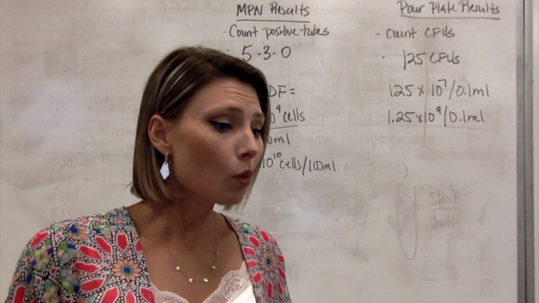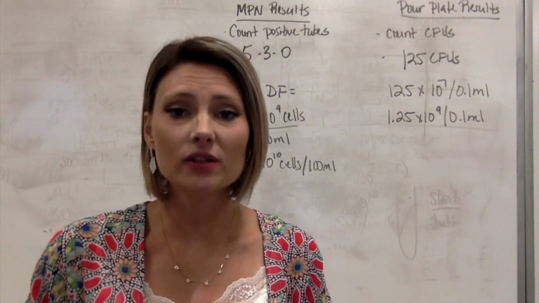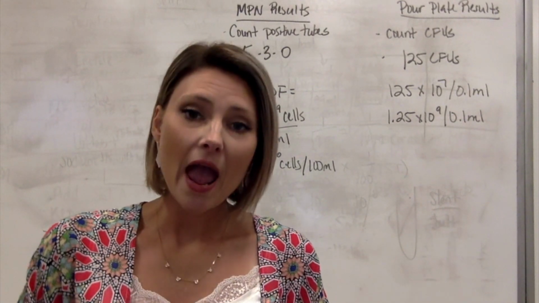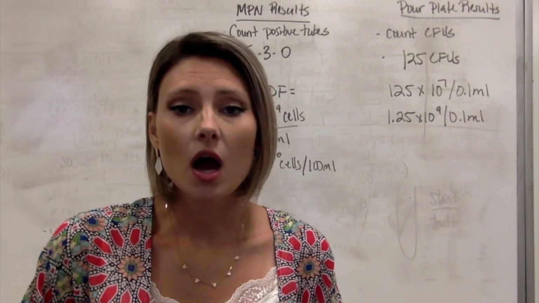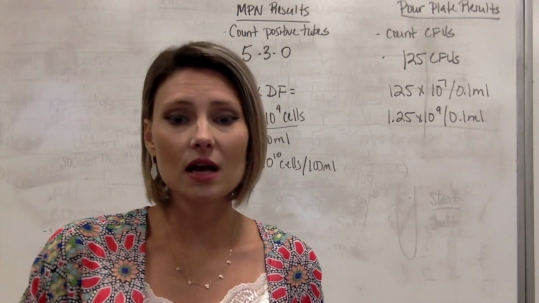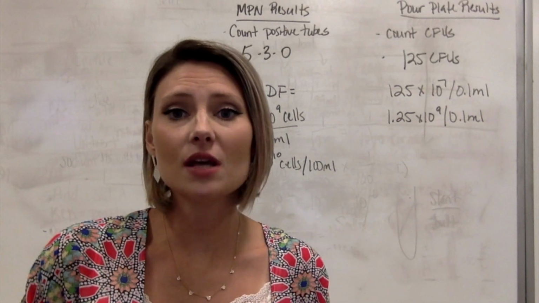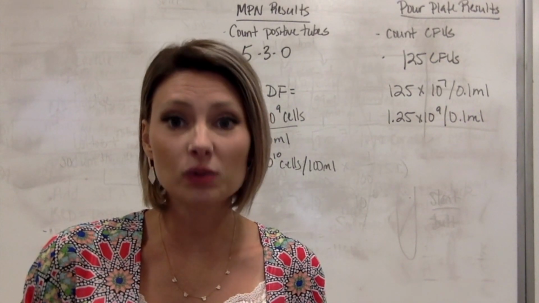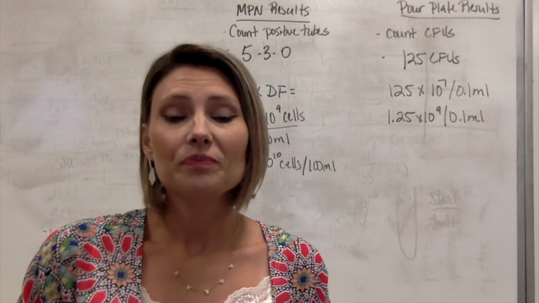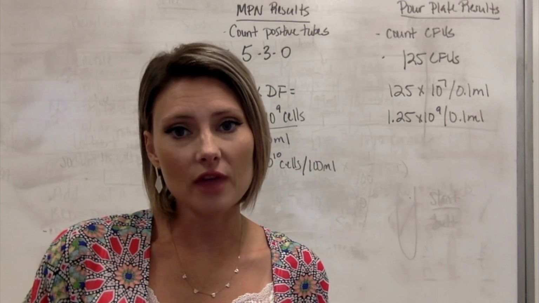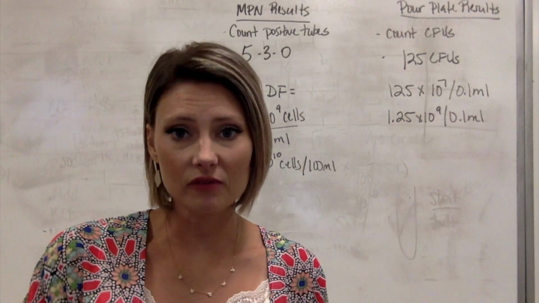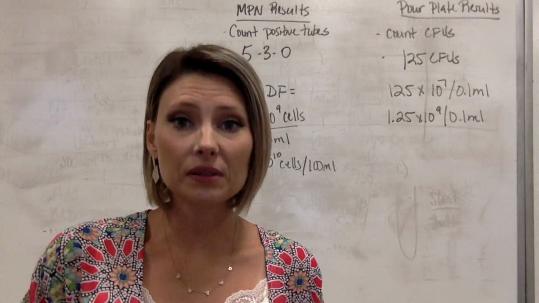So what we're doing here is we're using our dilutions that we already made, and we are trying to get a count on viable cells. Now that's a key word, viable, and that means that we are counting cells that are actually living. So with the direct microscopic count, you're going to count cells that could potentially be not viable and viable, so you're getting a complete count.